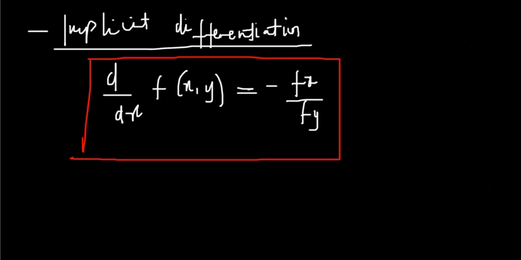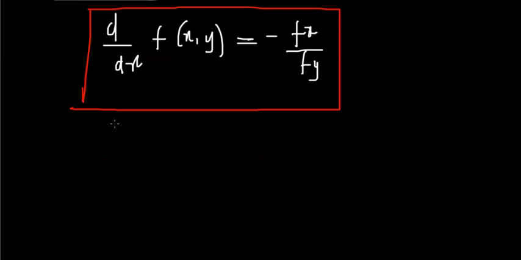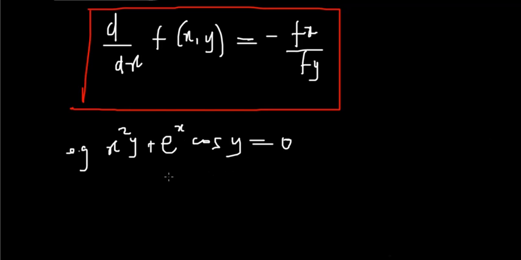So let's take an example so that you get to understand. Let's say we have x squared y plus e exponent x cos y. For implicit differentiation, you have to equate everything to 0. So now you just introduce your formula: minus f of x divided by f of y. So you differentiate this expression with respect only to x.